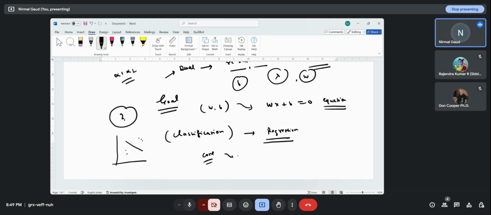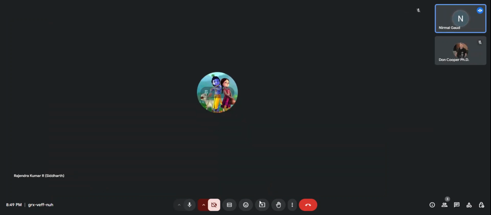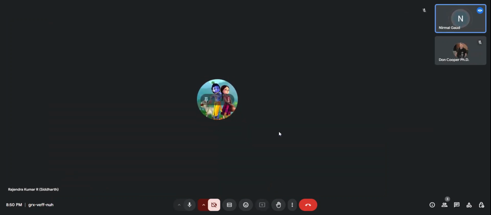Initial approach will not change. Initial approach will remain same. The question is, okay, the task is now different. Previously you were doing classification, now you are talking about regression. So let me share my entire screen now, and let's talk about how support vector machine can perform regression. This is also interesting.